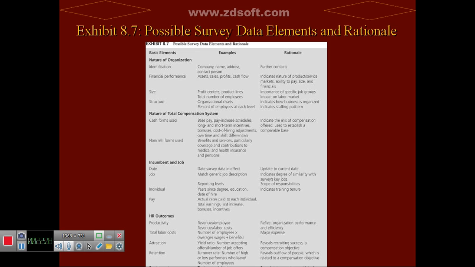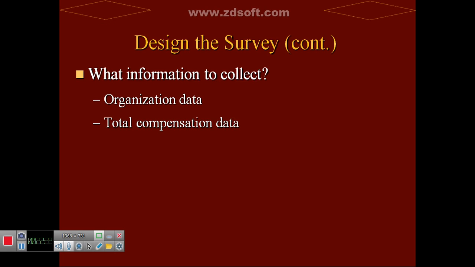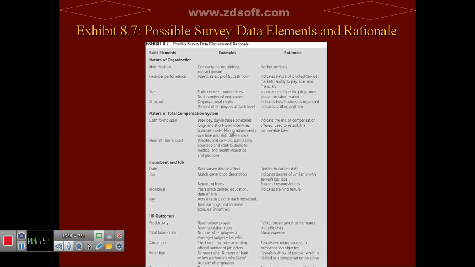The size of the organization, structure of the organization, that is organizational charts, percent of employees at each level. So this kind of organizational information will be gathered in the first part. Then the second type of information is about the compensation paid by the competitors. What type of information is gathered?